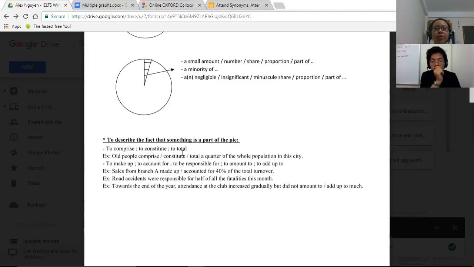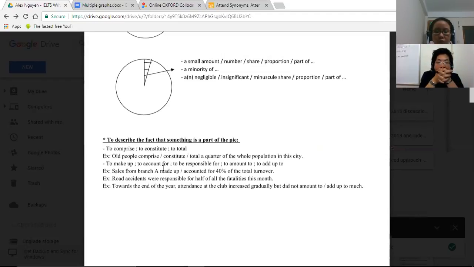And to total, you can say the elderly total 42% of the whole pie chart. But I would not use the word total because it's too simple, right? I use constitute and comprise. And if you want to use a phrasal verb, we have make up already.